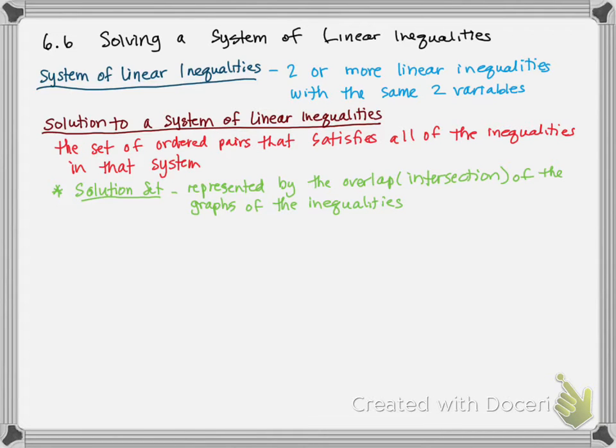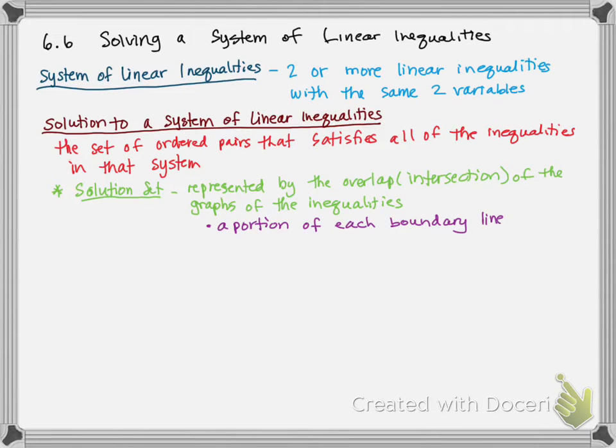So, what is it actually going to be? It's going to be a wedge, okay? That's really what it's going to be. So, you're going to have a portion of each boundary line. So, you're going to have each inequality's boundary line, one portion of it is going to be on either side of this set of solutions.